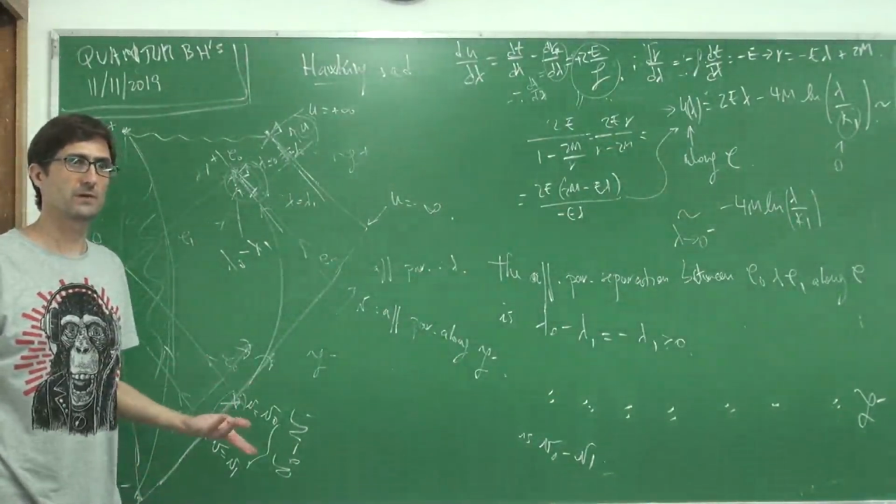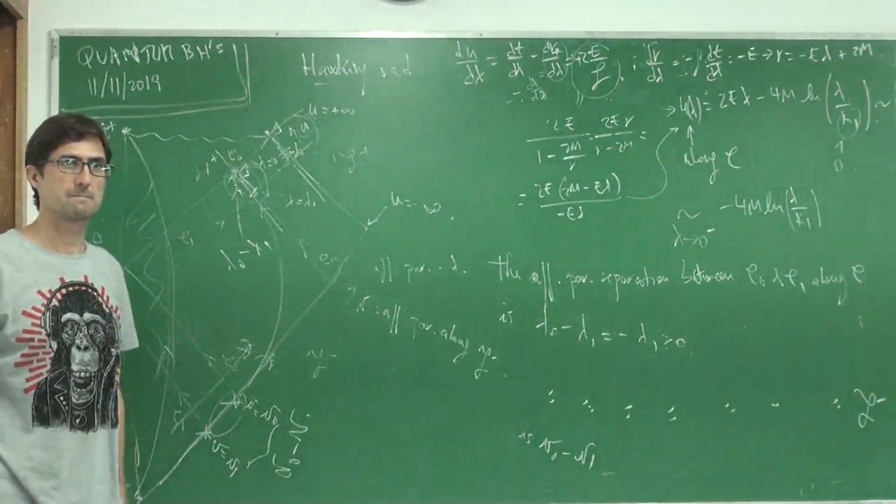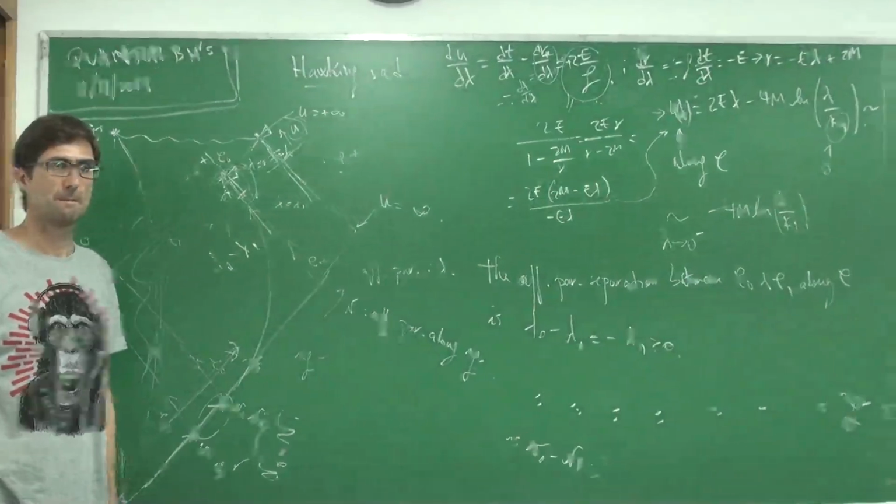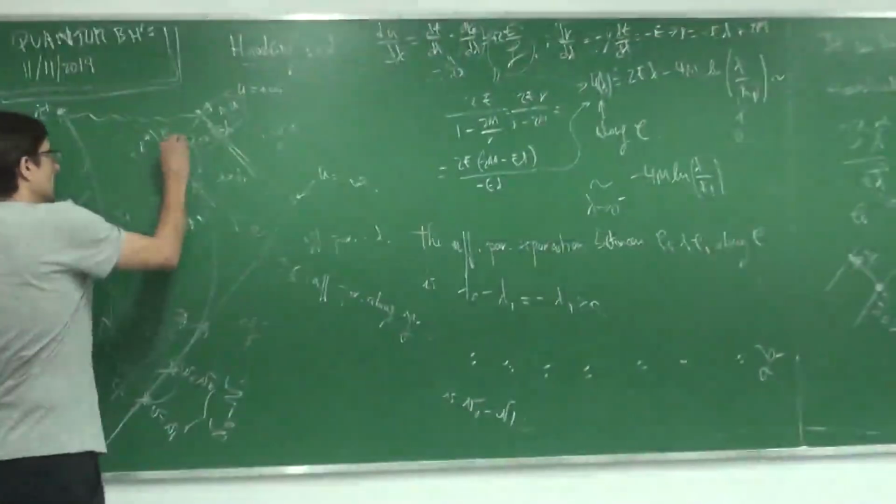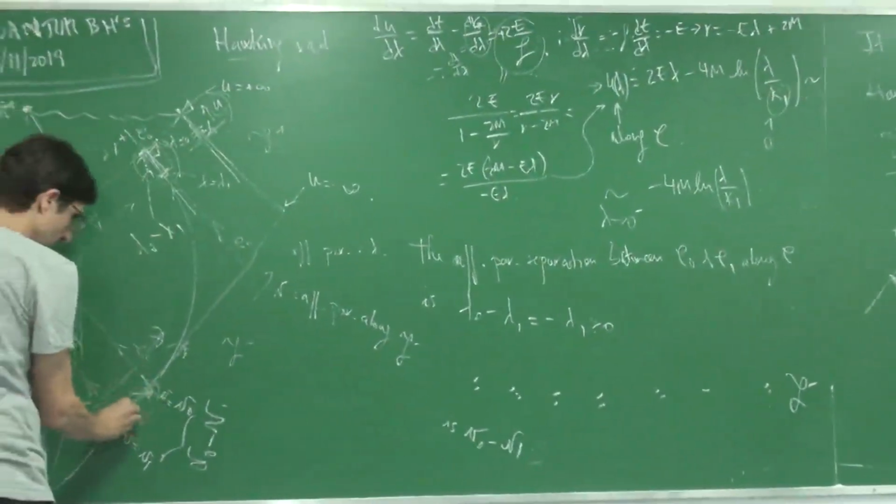Depends on what matter you've got. But this, the K2 has some evolution, right? It should change over time. Well, what do you mean over time? I'm just giving you over some parameter.